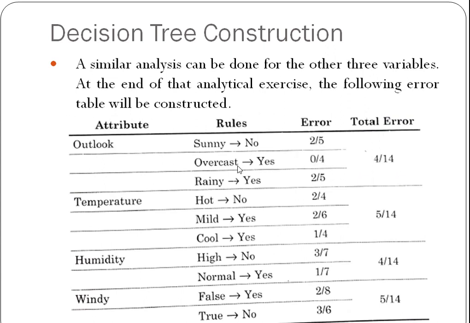It is whether a certain question has clearly classified, with a yes or no. In this case, if it is overcast, definitely we know the answer is yes, outdoor play is yes. But in the other cases we have mixed classes. This we call a pure leaf. If we find any pure leaf, we will select that particular attribute, outlook, and this is the way we are doing it.